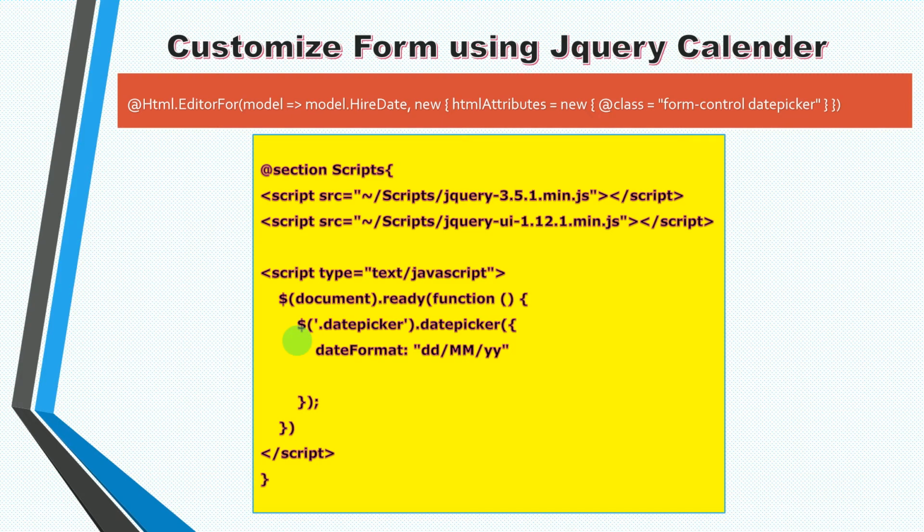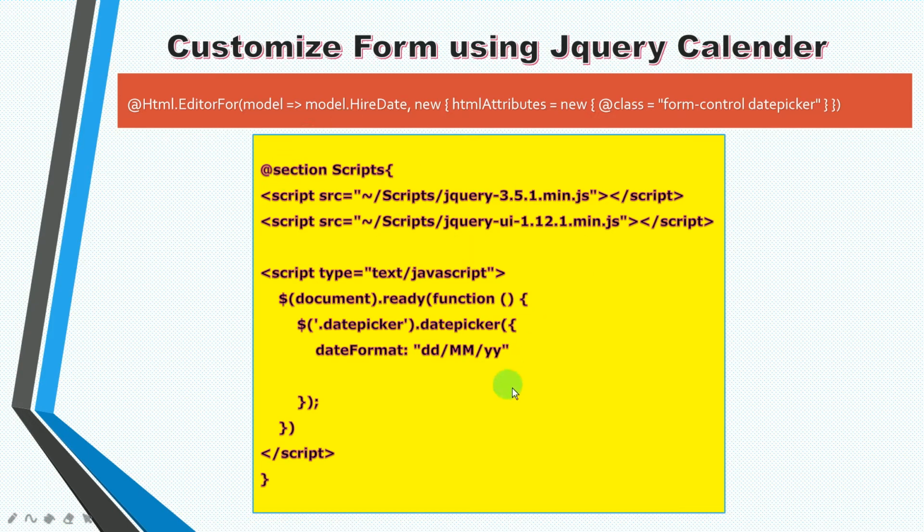Today we don't need the model attribute to display the calendar. We will just add the text box using the EditorFor attribute. Inside that text box we will add the datepicker class, and after the form we will use the scripts section. Inside the scripts section we will use two jQuery files: first jQuery 3.5.1 min.js, and second jQuery UI 1.12.1 min.js.